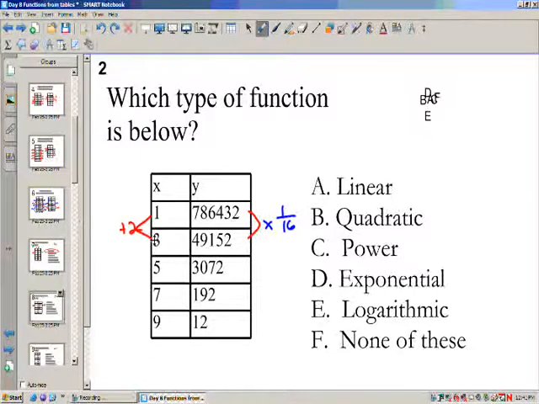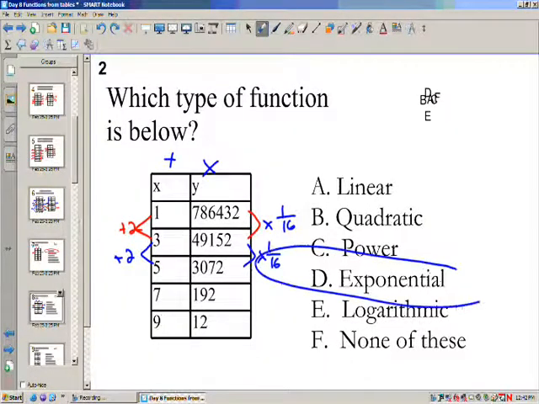Now, if I multiply 1/16 times 49,152, that gets me to the next number, which I add to get to the 5. So I'm multiplying by 1/16 going down, so that's add multiply. So that's going to be exponential.